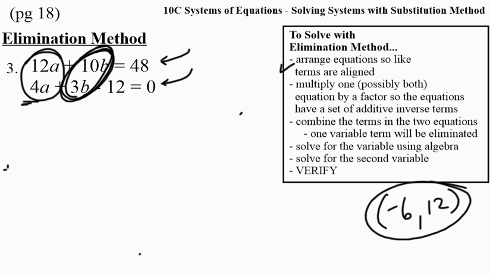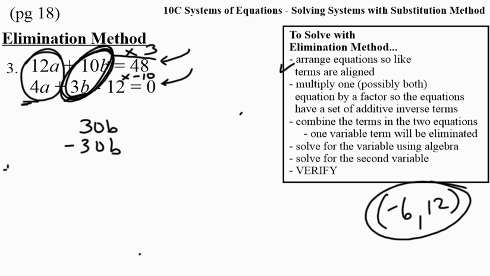Well, this is the case where we could multiply both equations. If I multiplied the top equation, everything by 3, I would end up with a 30b. And if I multiplied the bottom equation by negative 10, the 3b would be negative 30b.